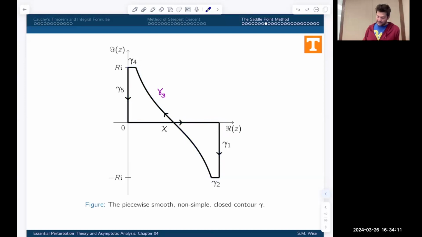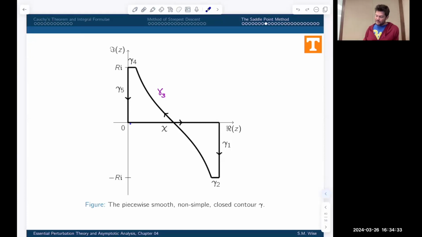Now I can view this as making this larger contour, which is closed, or as I said before, I can view it as just deforming this contour so that it basically gets you from point Z0 to point Z1 via a different route. But one in this case which turns out to be a whole lot more profitable and useful for us for doing asymptotic approximations.